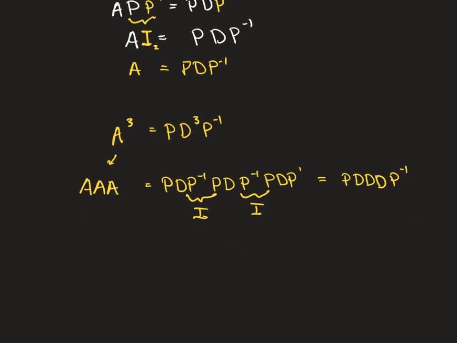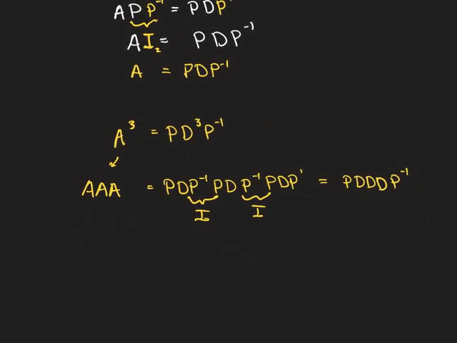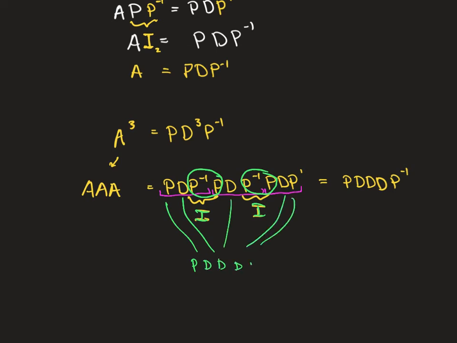And here's one way that you guys can see that. A cubed is just A times A times A. Here we've got 1, 2, 3 of these, but this right here, P inverse times P, is just going to be the identity matrix. P inverse times P is going to be the identity matrix, and you are left with P, D, D, D, P inverse.